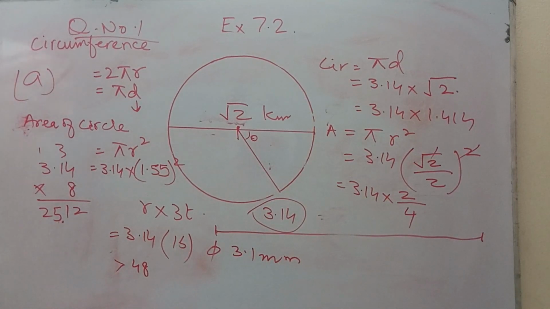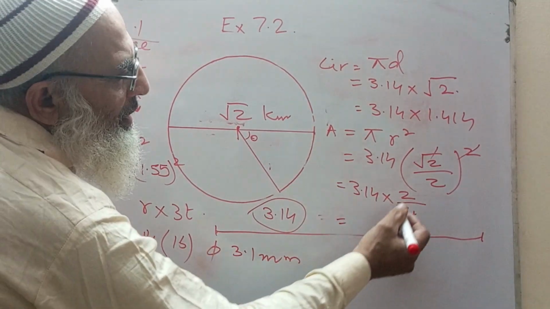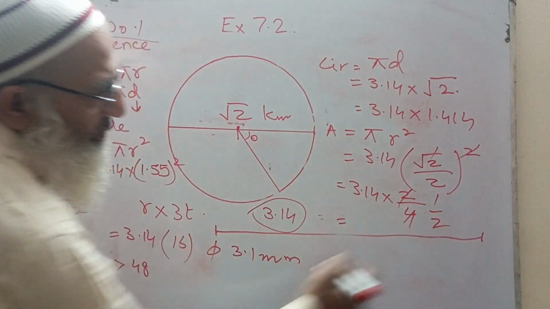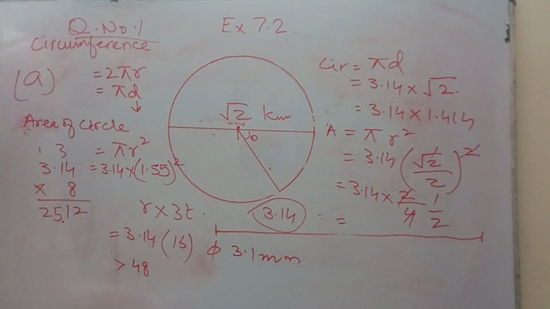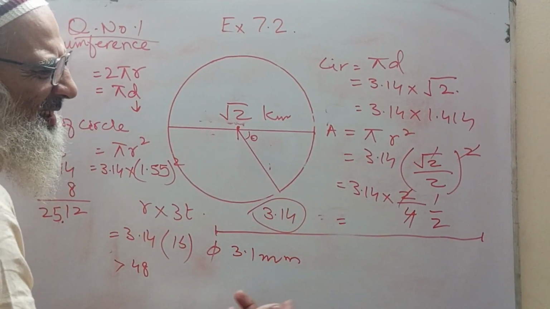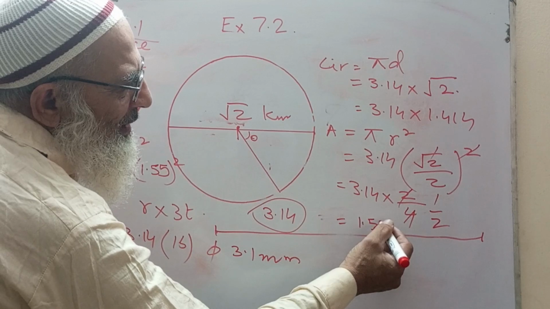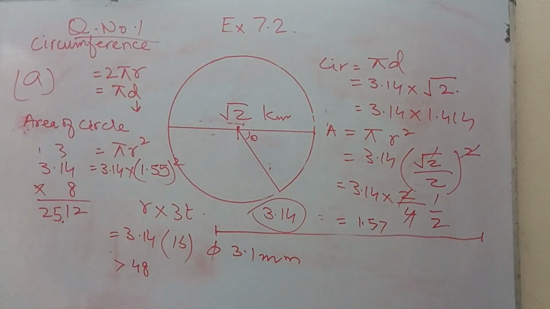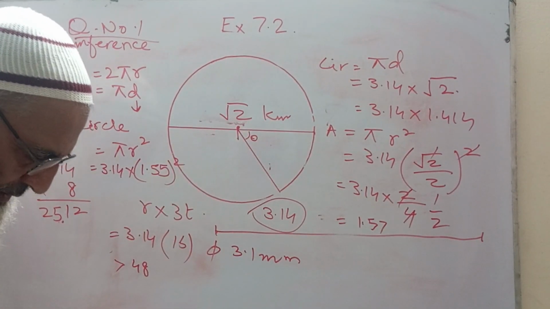So it is very easy now. Now it has become half only. So half means 1.57 maybe. Okay, now this is your answer for the root 2 question.